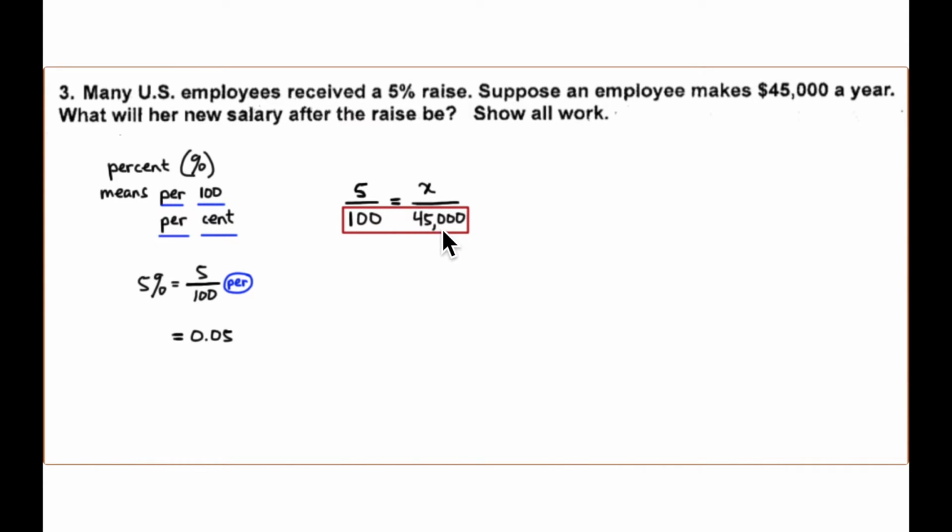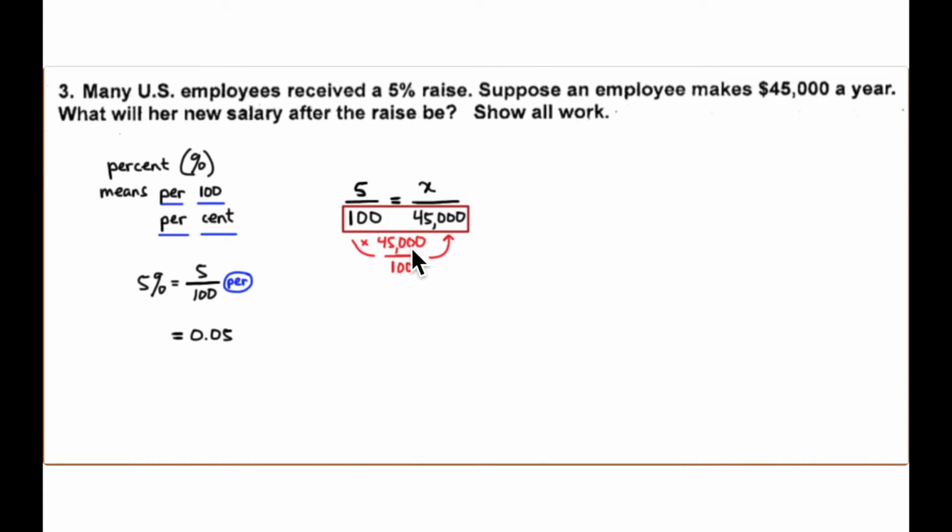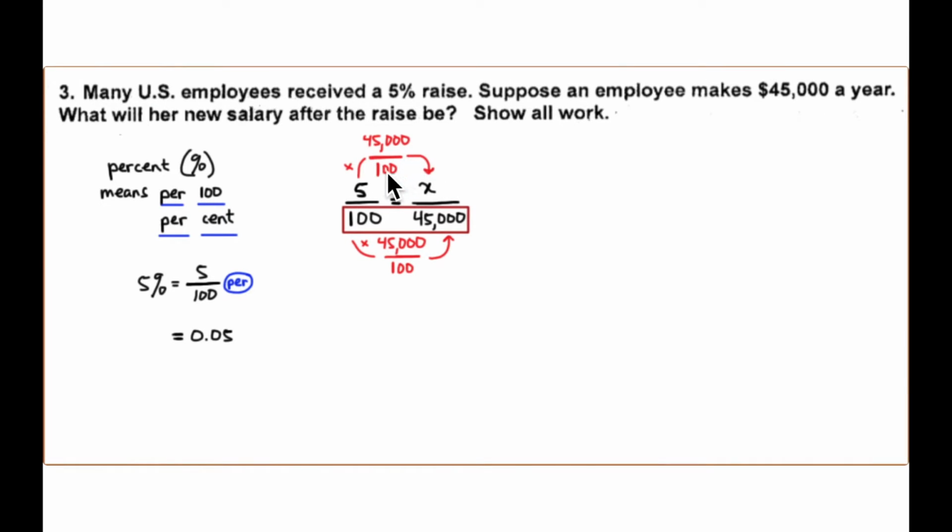So it's 45,000 over 100. That's 450. Then to go from 5 to x, you also have to multiply by that 450. And I'm going to show that as 45,000 over 100. So same thing. So now you can use this top part to figure out what x equals.